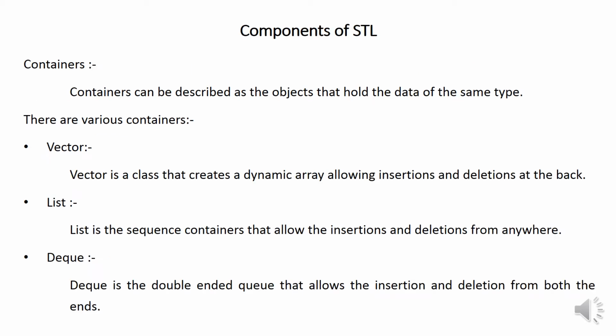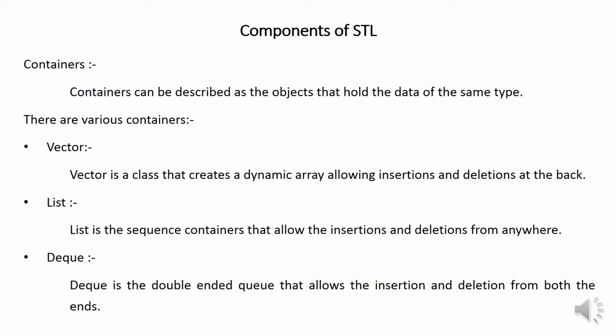Friends, there are various types of common containers, components of STL. Those components are vector, list, after that queue, dequeue, priority queue, array, map, set, as well as multi-set. These are the types of containers.